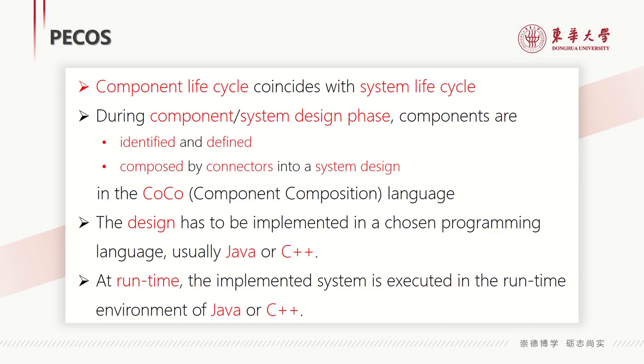At runtime, the implemented system is executed in the runtime environment of Java or C++, which means PECOS, just like UML, is focused on designing and constructing. If you want to realize a system design or component design, we have to use some programming language, finally Java or C++.